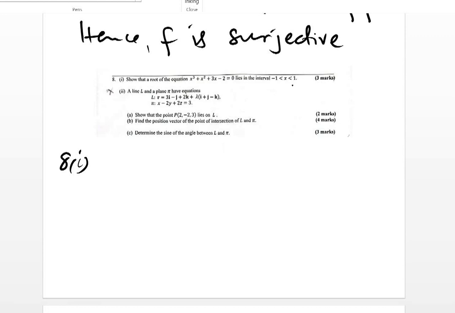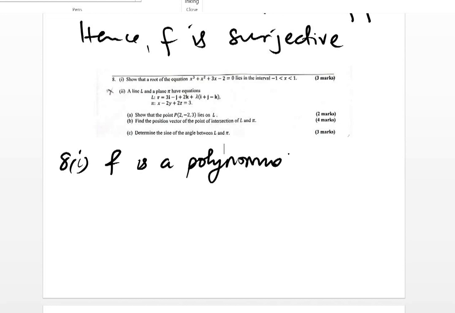there should be a change in sign. Okay, because the root is 0. So I have to substitute -1 in this function. First of all, the first thing is that this f is a polynomial and hence is continuous.